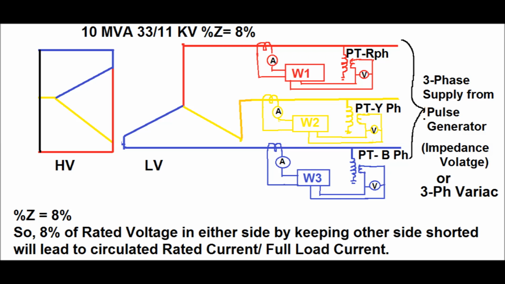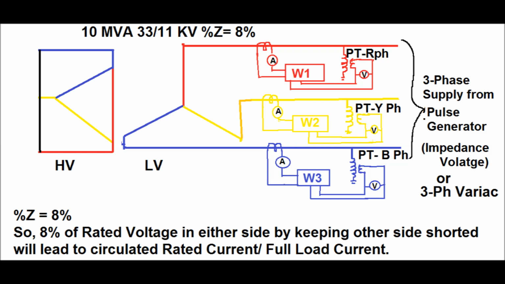You can see the wattmeter input is taken from the secondary of the CT and the secondary of the PT voltage connected in the phase. W1 is the wattmeter reading for red phase, W2 for yellow phase, and W3 for blue phase. The PT for red phase, yellow phase, and blue phase is shown in this diagram.